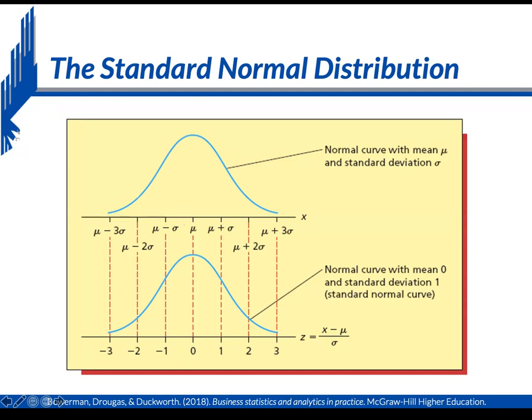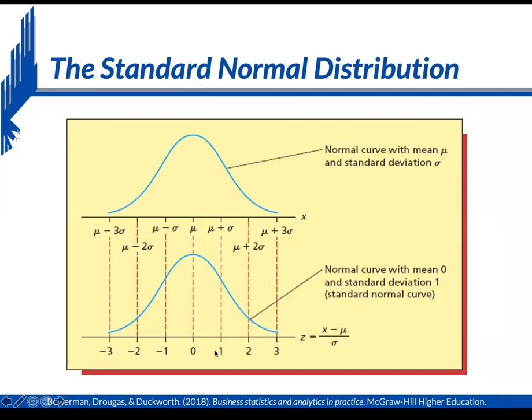And this is originally one standard deviation to the left of the mean, and this is one standard deviation to the right of the mean. That is standardized to 1. So this becomes -1, and this becomes 1. So whatever the mean and the standard deviation was, when that is converted to the standard normal distribution, the mean becomes 0 and the standard deviation becomes 1.